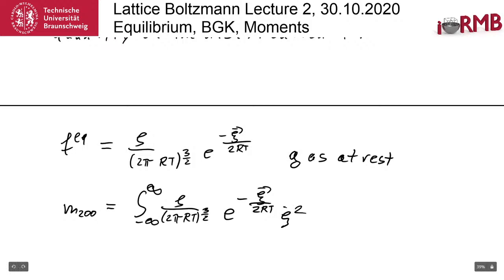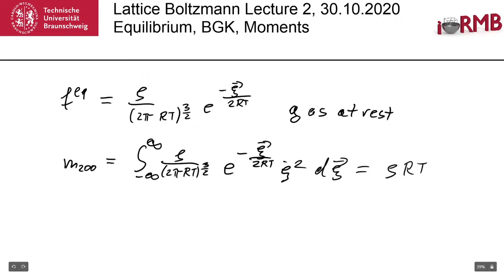So xi to the power of 2, integrated over all the directions. And with this, we'll end up with rho RT. Okay?